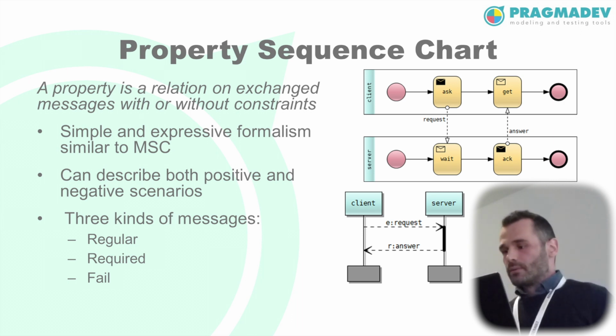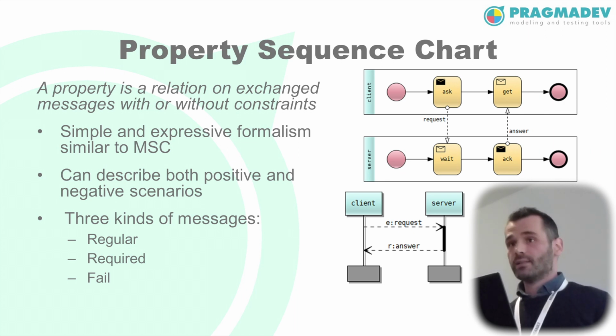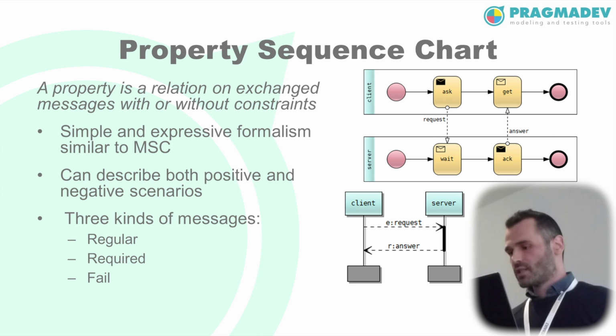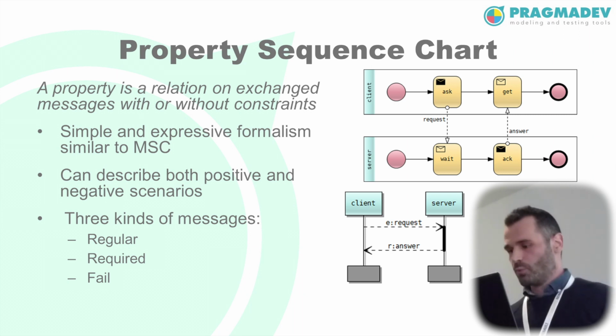So, since the BPMN executor produces execution traces, the trace diagram via message sequence chart, it sounded very feasible to use a property sequence chart for expressing properties.